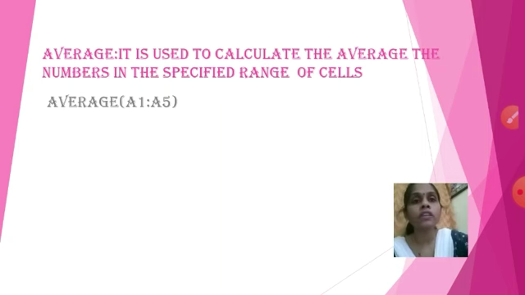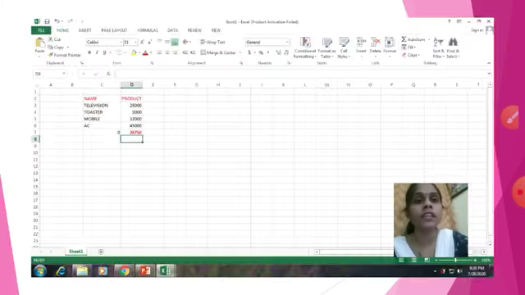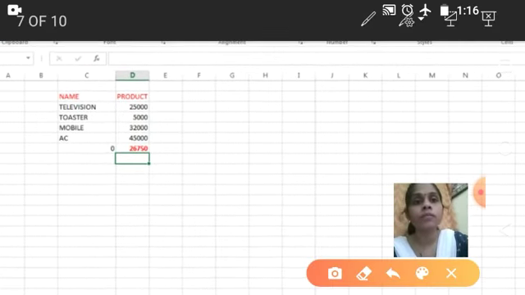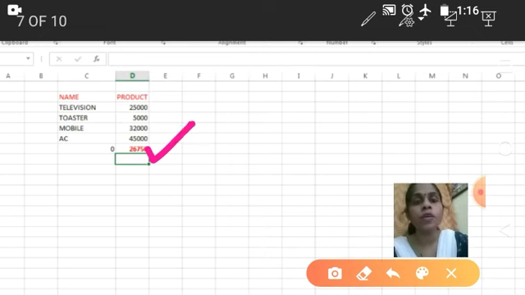Here you have to write the formula, AVERAGE bracket A1 to A5, in this block. When you write equal to AVERAGE D3 to D6 bracket close, you will get the answer, meaning you will get the average of those numbers. Got it?